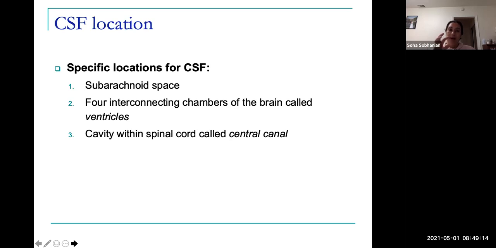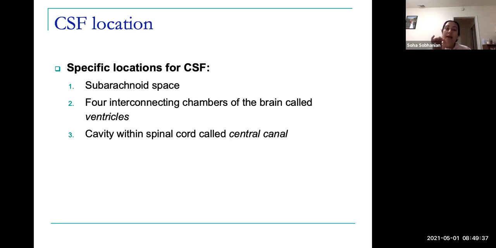Within your brain, you have cavities that are referred to as the ventricles. And this word is literally the same word we used for your heart, basically the bottom chambers of the heart. Now, we have cavities inside the brain, a total of 4 called ventricles.